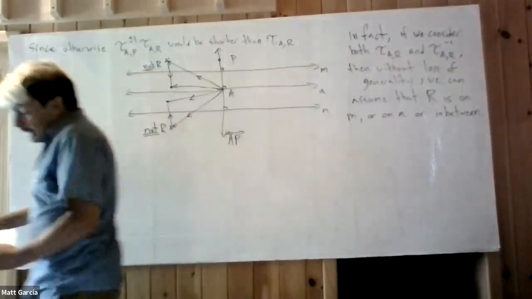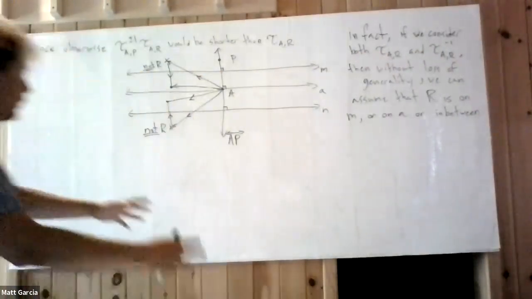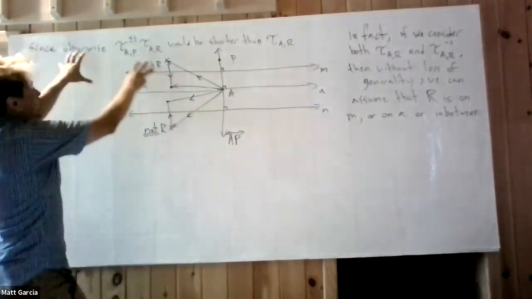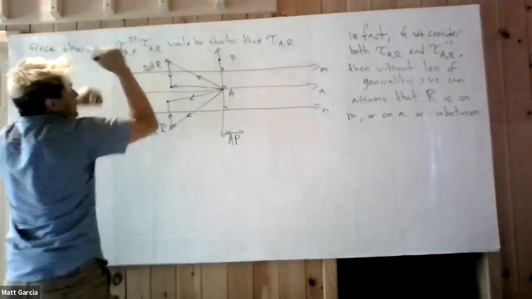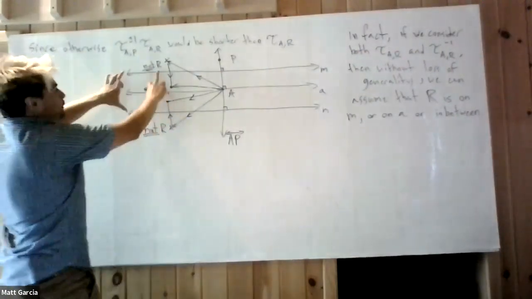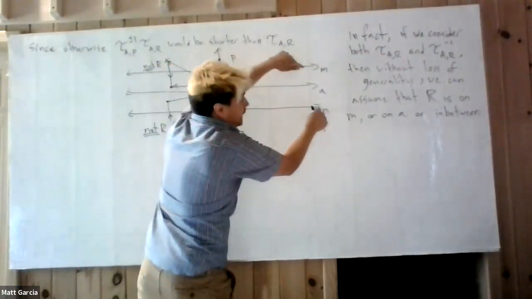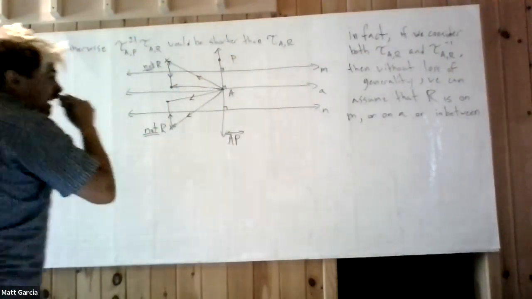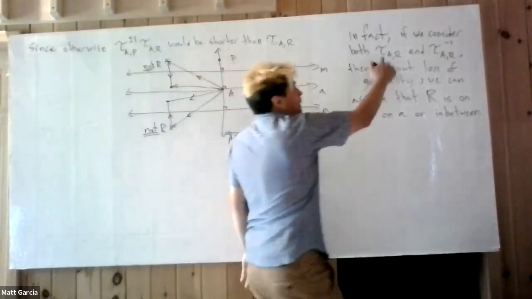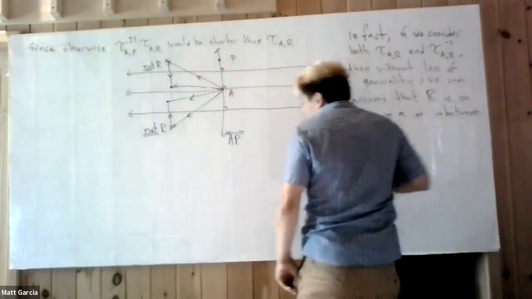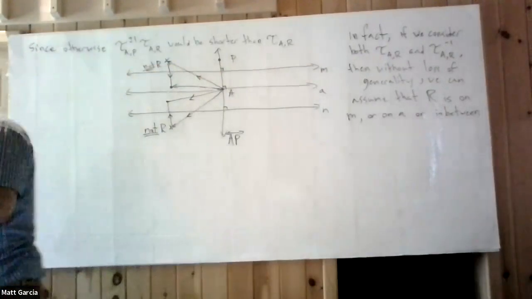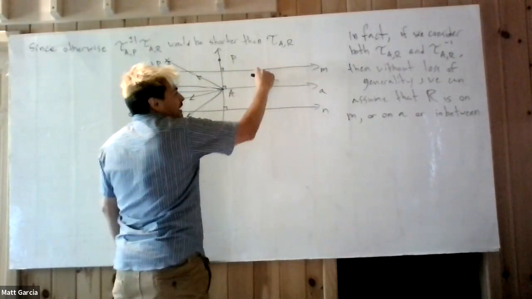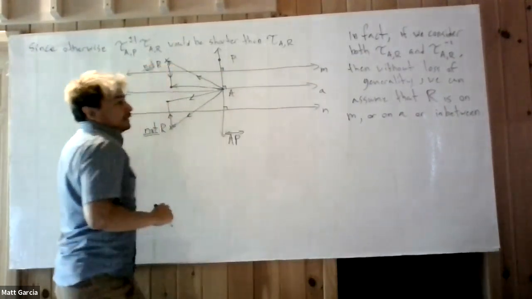Okay, so what I'm saying here is at first glance, this argument for this product being shorter than AR tells us that we have to be in this wide strip between M and N. But then, if we notice that tau sub AR and tau sub AR inverse have the same length, then we can restrict ourselves to either one of these half strips, right?